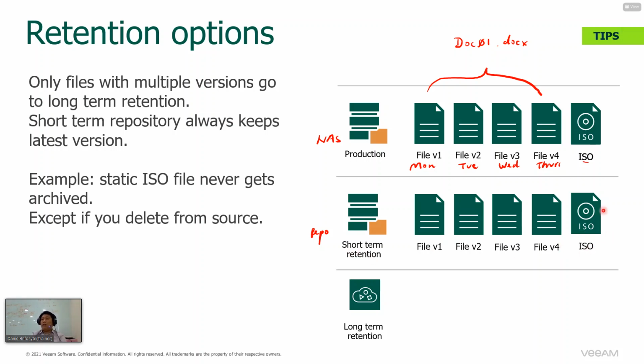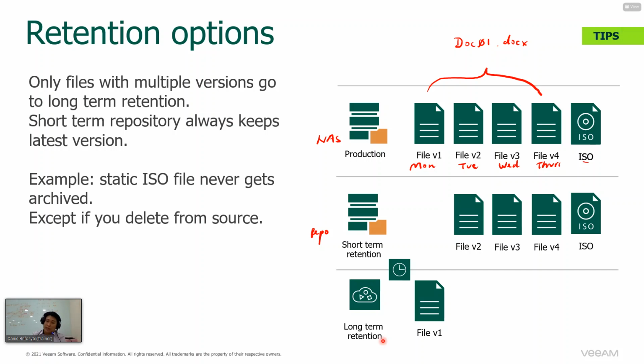Now, if you have another long-term retention, using object storage, etc., this can only be used to keep expired data. So later, according to your backup job retention policy, I only want to keep 3 days of backup data versioning. File version 1 will start to get expired.